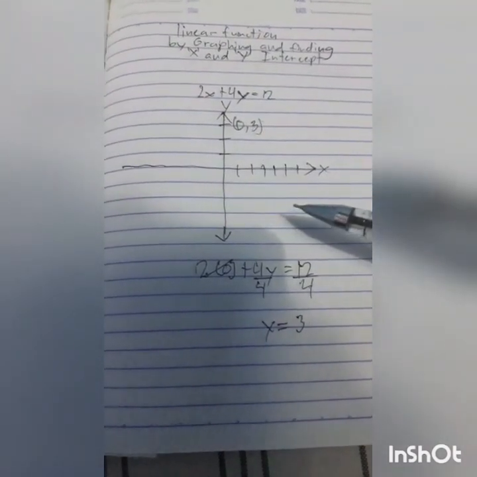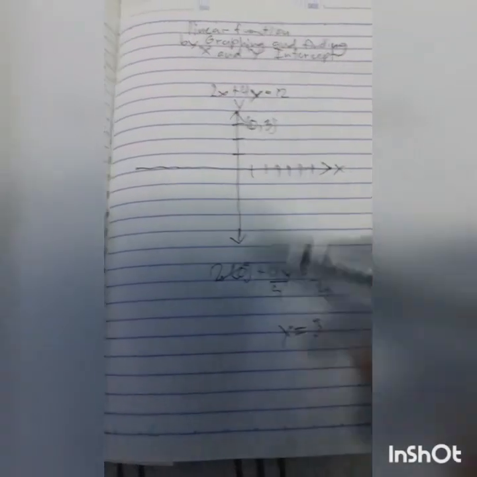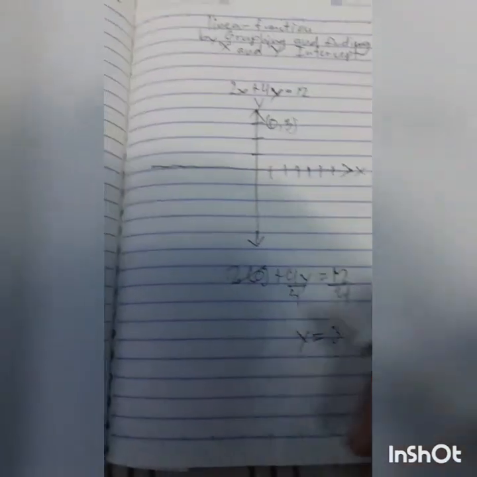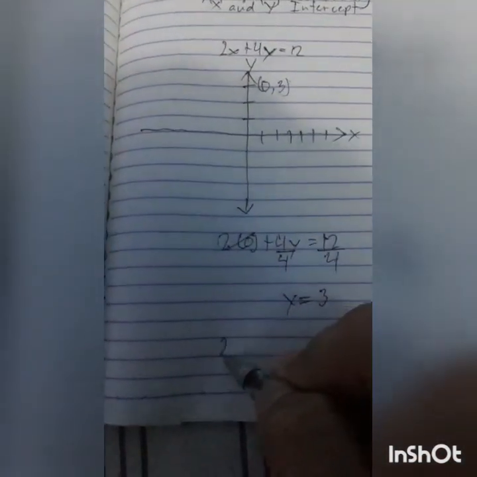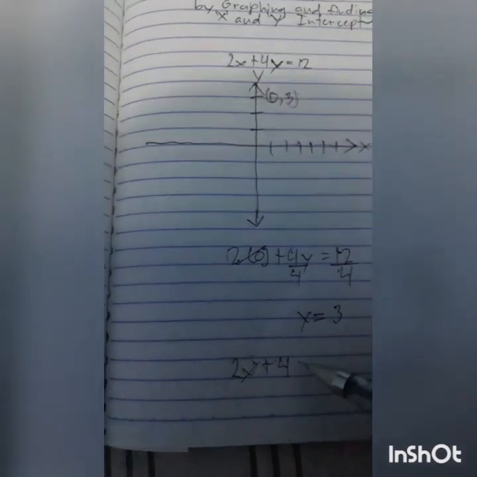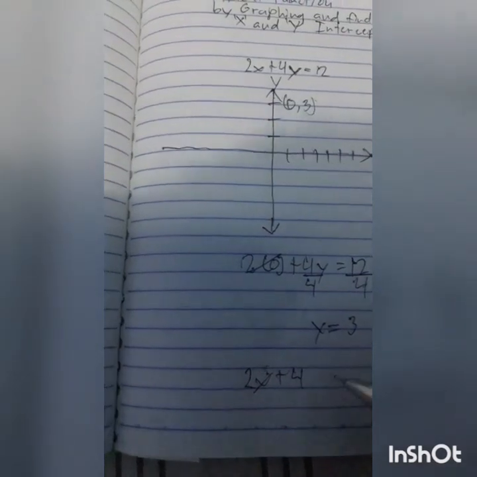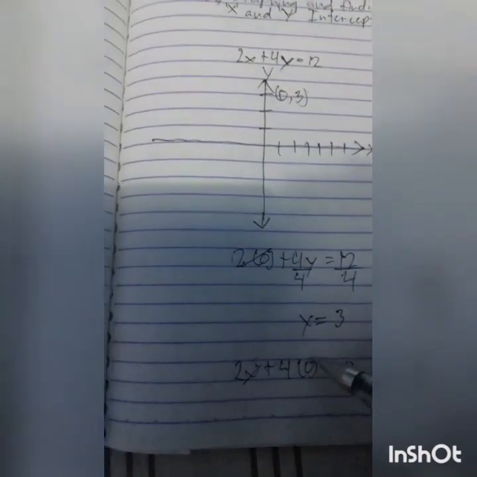And now we're going to find the value of x. With 2x plus 4y equals 12, we're going to find the x-intercept. We simply substitute 0 for y. 4 times 0 is 0.